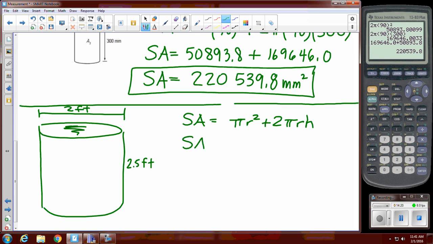So then I can just do everything I need in my formula, except when I see the radius of this shape, it told me the diameter is 2 feet, so the radius must be 1 foot. So we're going to use that information. So pi times the radius, which is 1 foot squared, plus 2 times pi times the radius, which is 1, times the height of this garbage can, which is 2.5.